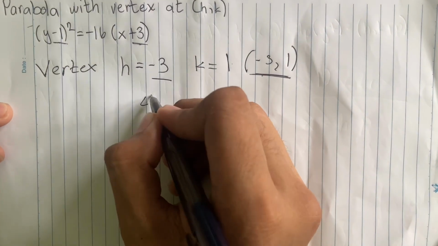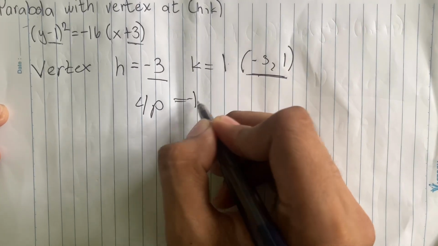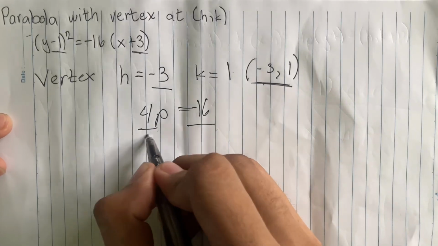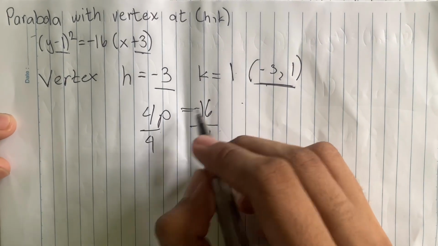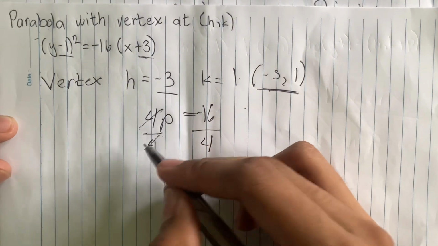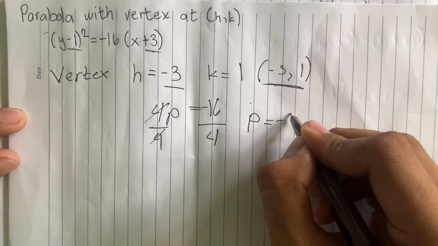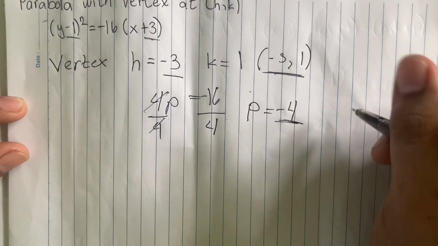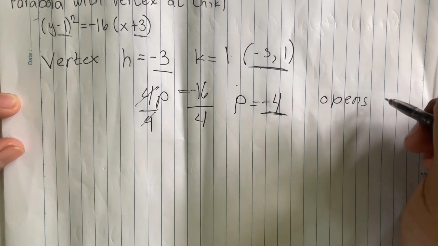Now we will put 4p equals negative 16. Now we're going to divide both sides by 4, and then we cancel the 4, and then p is equal to negative 4. Since it's negative 4, it opens to the left.